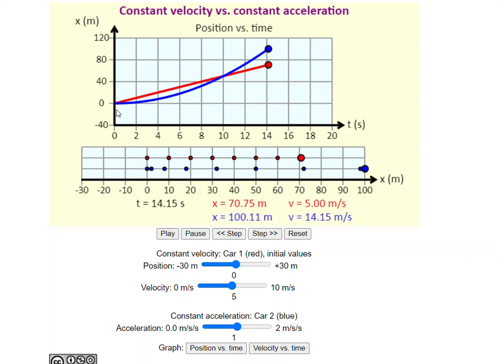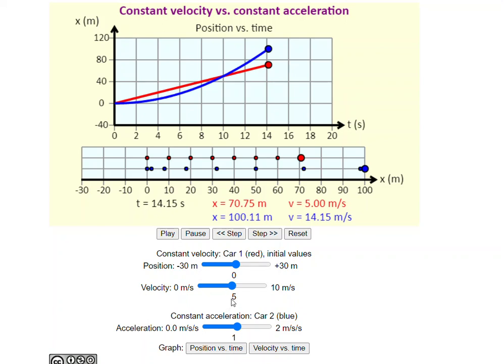And for an object that's undergoing constant velocity, the position graph is going to be a line, and the slope of that line is going to be equal to whatever the speed is. If it's a positive slope, it's moving in the positive direction away from the start point, and if it's negative, it means it's moving in the negative direction.